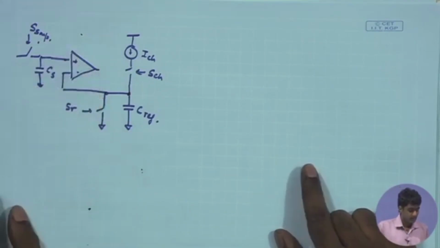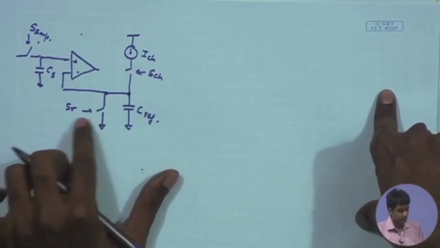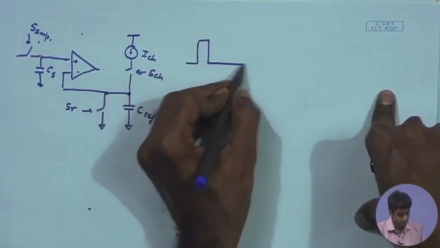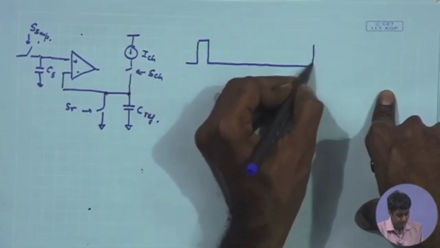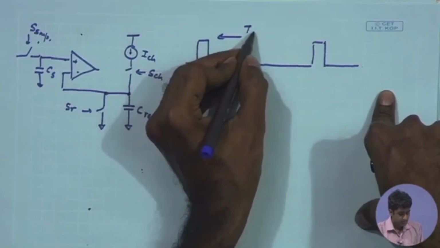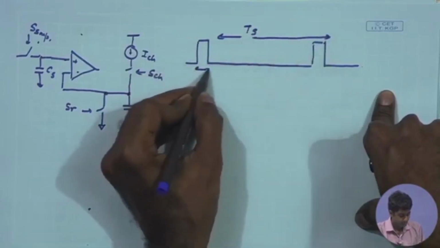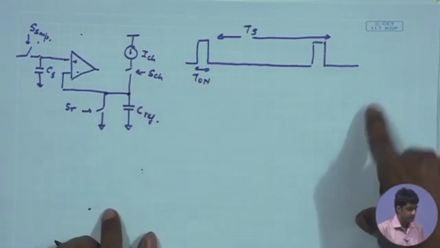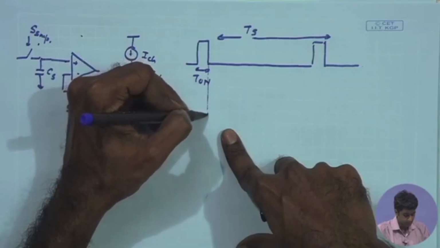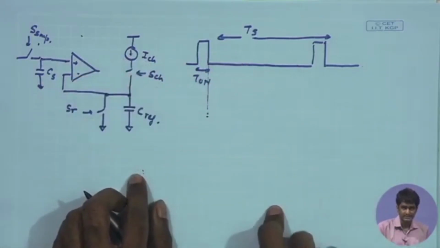And here we need to look at the timing waveform for the S sample switch and S reset. When are we going to need them? So as we discussed earlier, we are going to use a narrow pulse for the sampling as compared to the overall sampling duration. And this is your T sample, and this is your T on. And as soon as the data is sampled at the falling edge of the T on, remember when the T on is getting off, the data becomes stationary or stable at the CS.